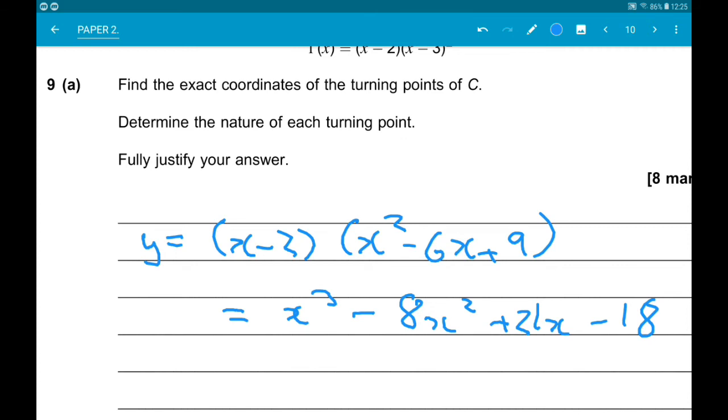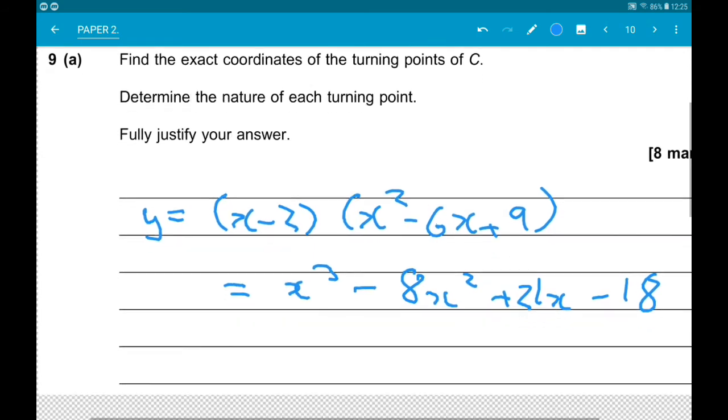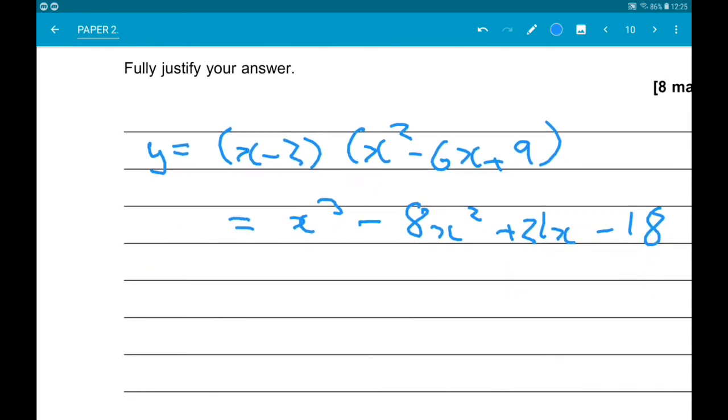Okay, so at this point you would want to say at turning points dy by dx is 0.